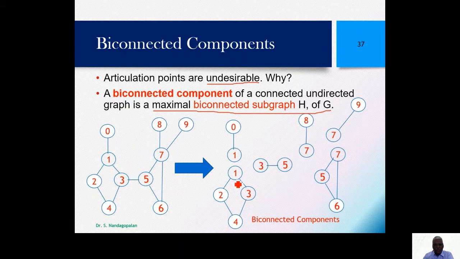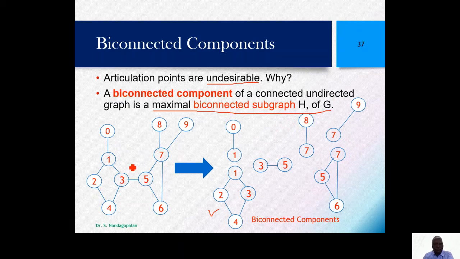For example, if I take this subgraph, you can see that there is no articulation point. If you remove vertex 1, you get only one component. Remove 3, you get only one. Remove 2, you get only one. So this is purely a biconnected graph, which means it's a biconnected subgraph.